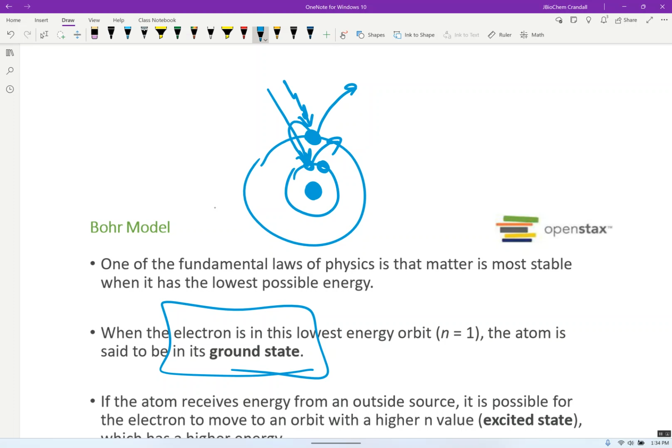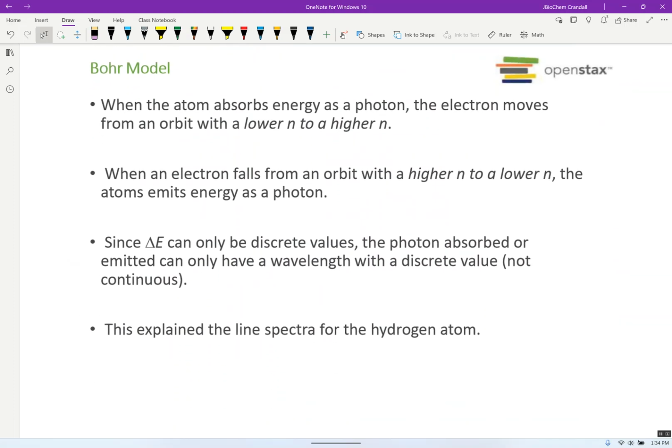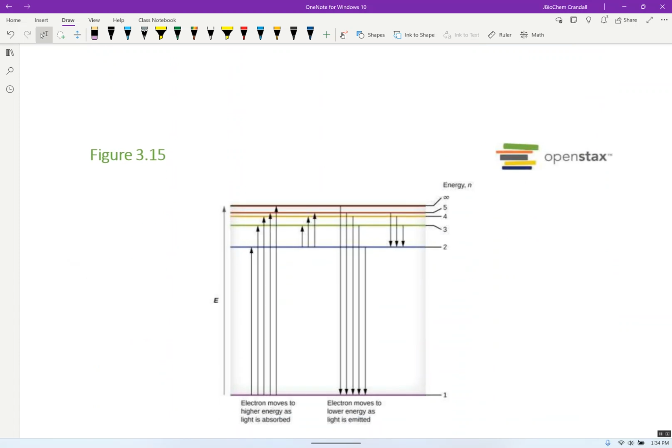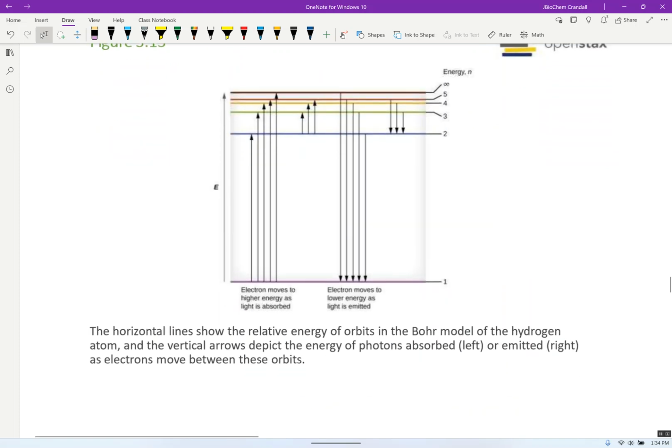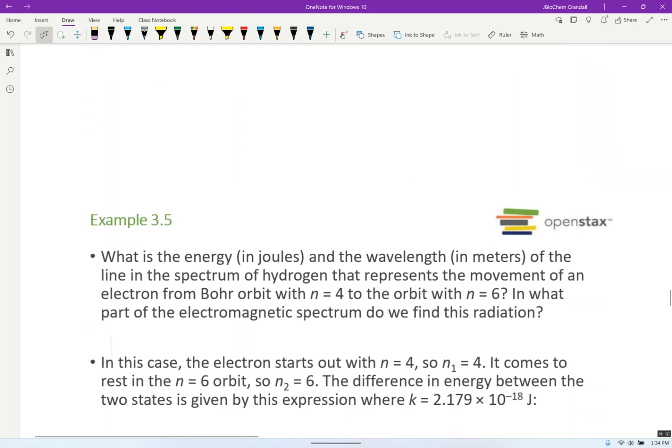And then it relaxes back down and it releases the extra energy that it had. That change in energy will be released, and that's how Bohr was able to identify the positions of these electrons within his Bohr models. So you can see that happening here where electrons are moving up and down, getting excited, moving up and moving back down into their lowest energy states. And that's what he was doing.